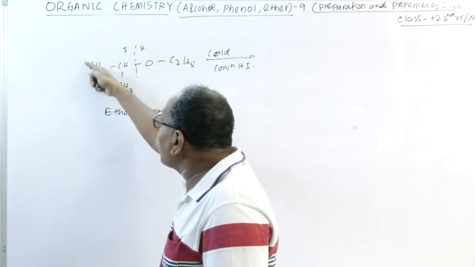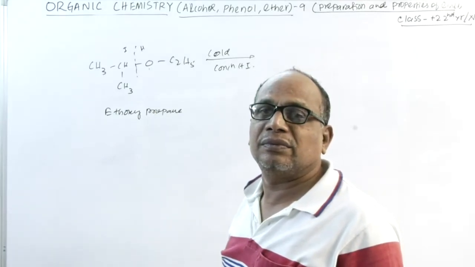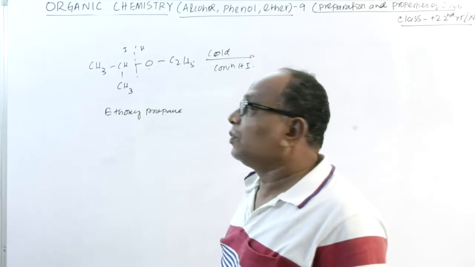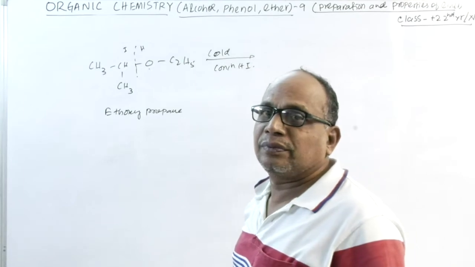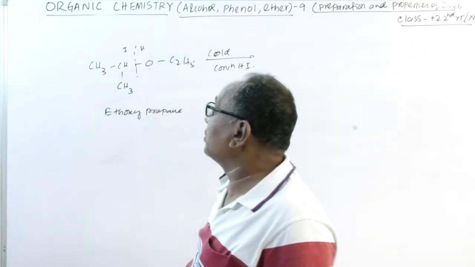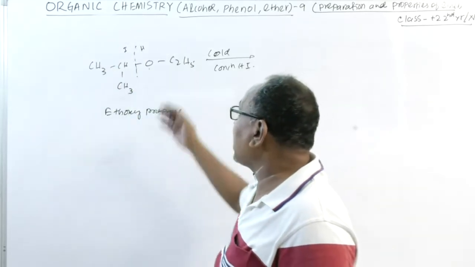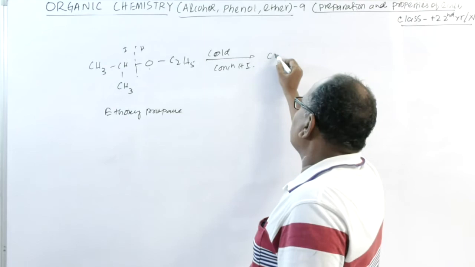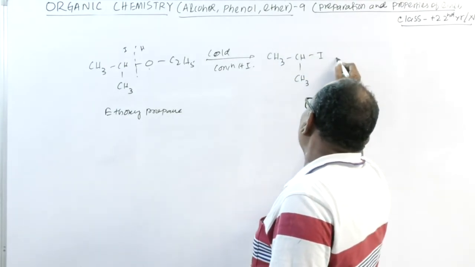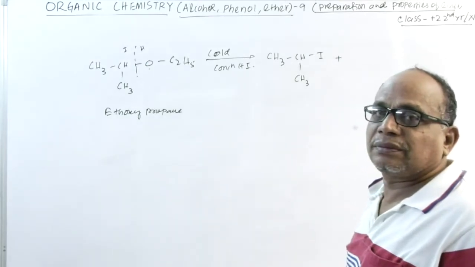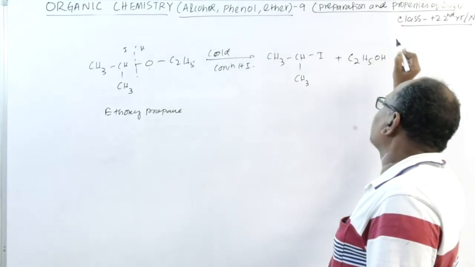But as it is secondary in nature and the carbocation is more stable, the nucleophile I minus will attack the more stable carbocation side. The product is CH3CHICH3 plus C2H5OH.